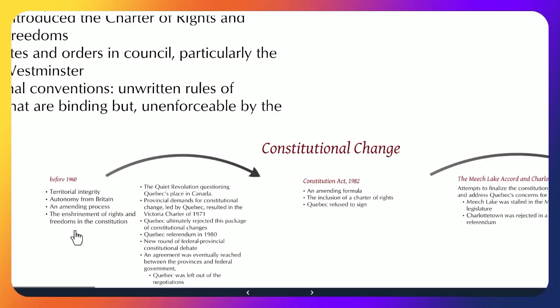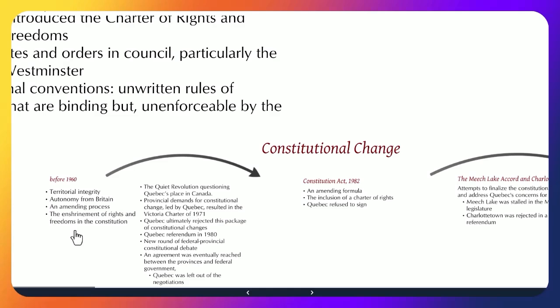Indeed, before World War II, Canadians were British subjects, really, rather than Canadian citizens. Even the issue of Canadian citizenship is something that has arisen as a process of the development of Canadian governance.